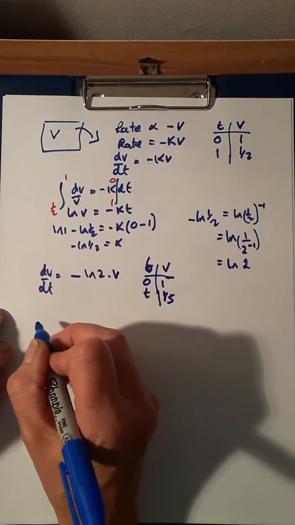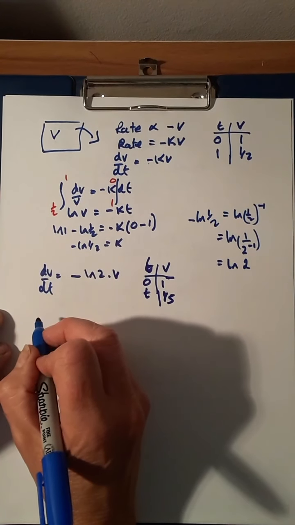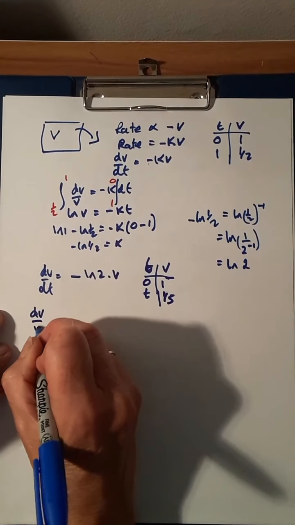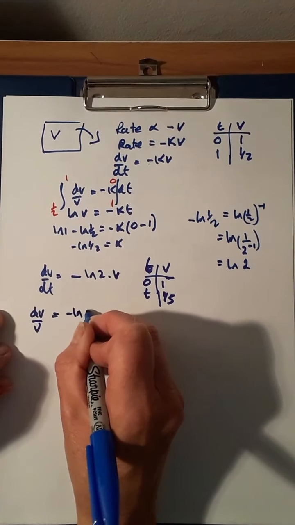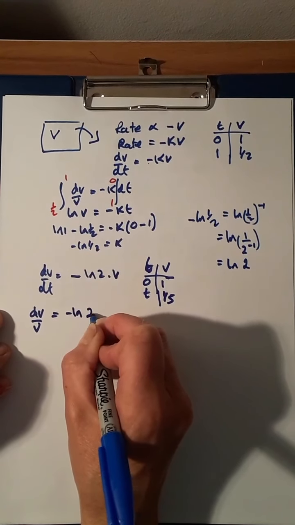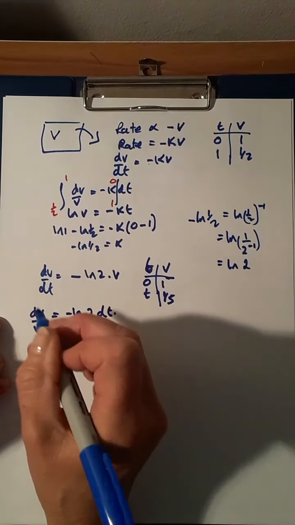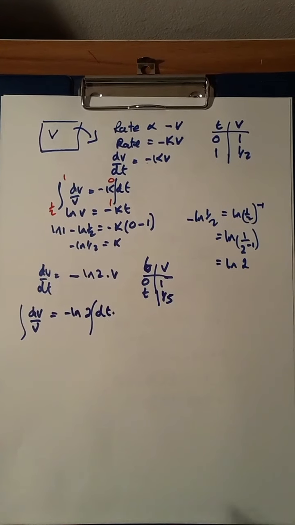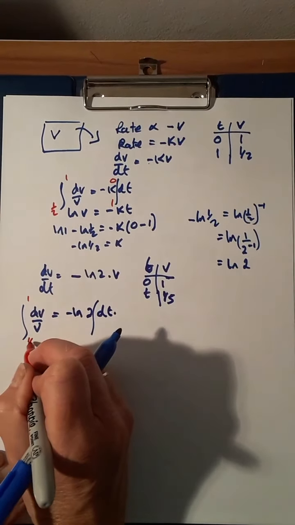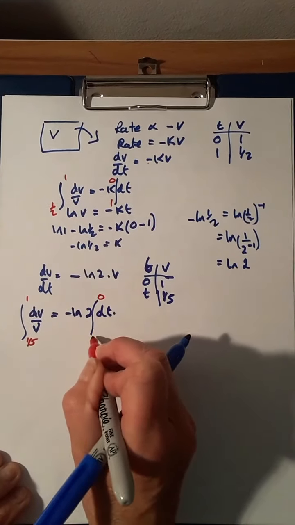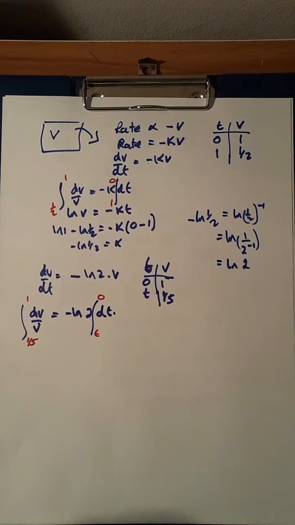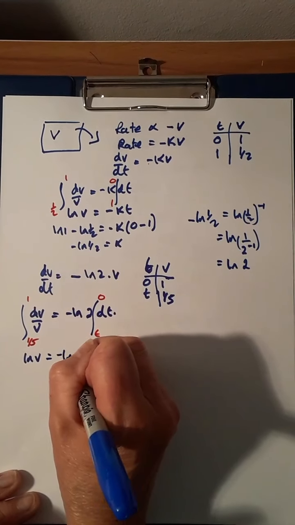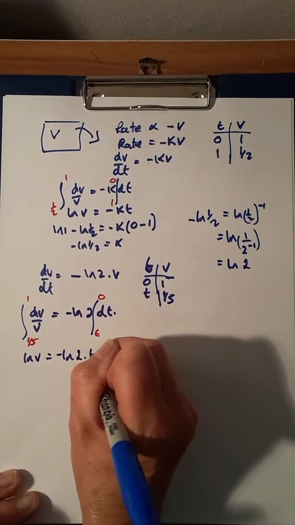Okay, so separate the variables. This becomes dV over V is equal to minus ln 2 times dt. I'll integrate both sides. ln 2 is a constant, and I'm putting in limits from 1 to 1/5 and from 0 to t. So this will become ln of V is equal to minus ln 2 times t.